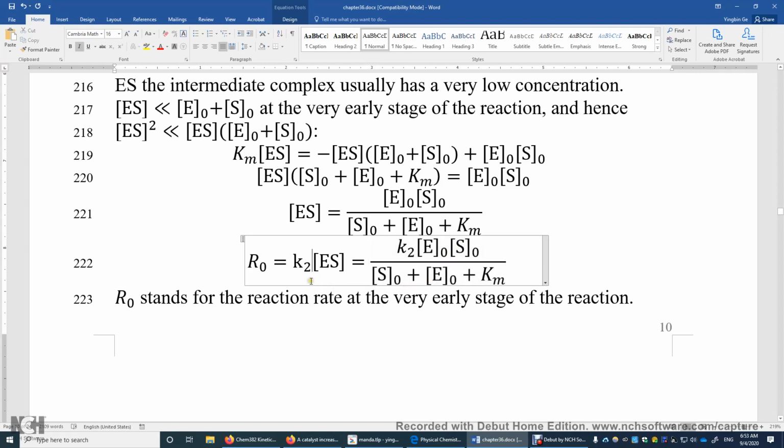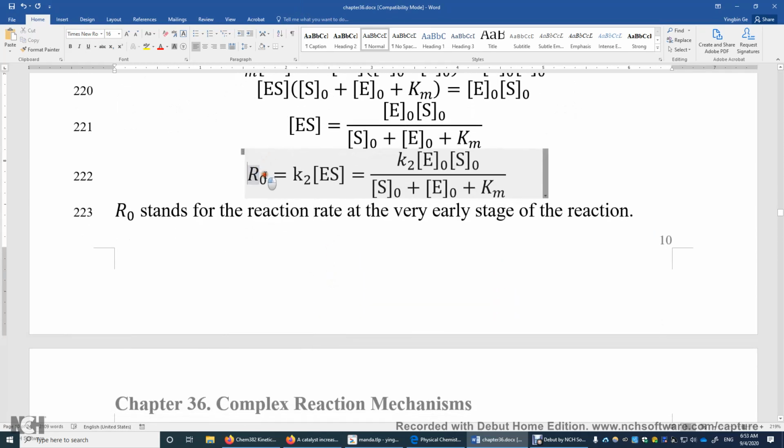And we made an approximation early on. We assume that the reaction is at the very early stage. So it's better to put a 0 here, to remind yourself that we're talking about the reaction rate at the very early stage of the reaction, almost time 0.